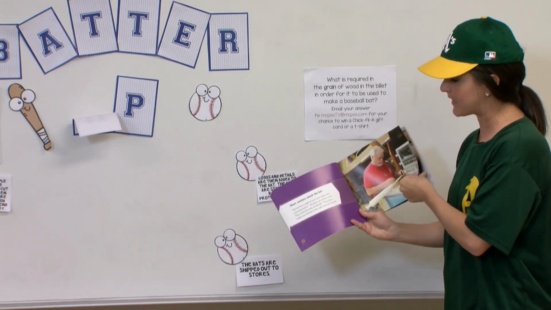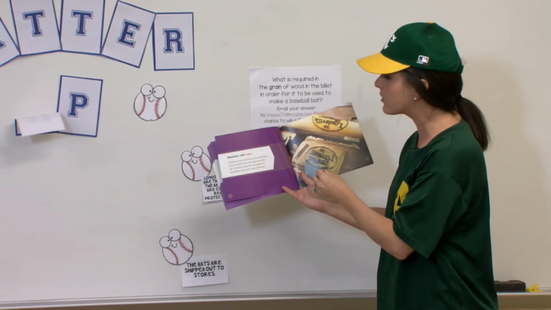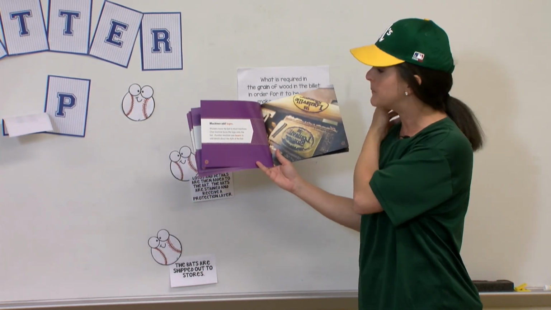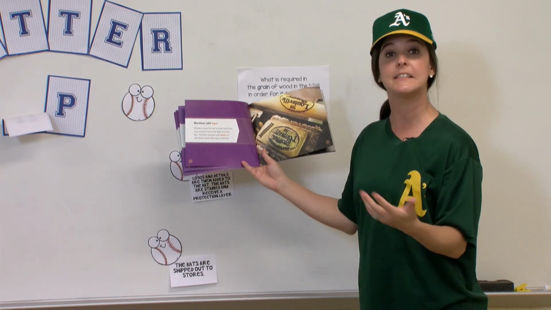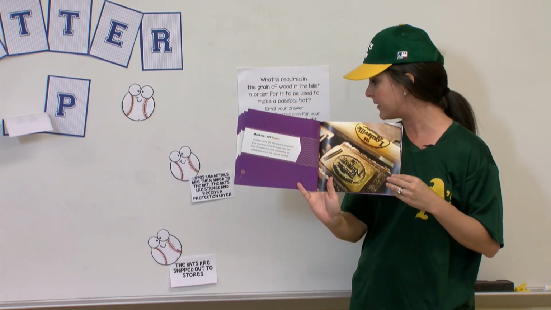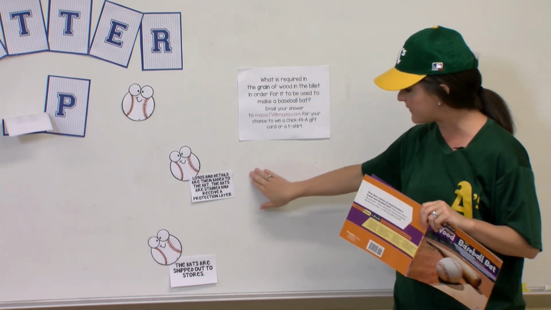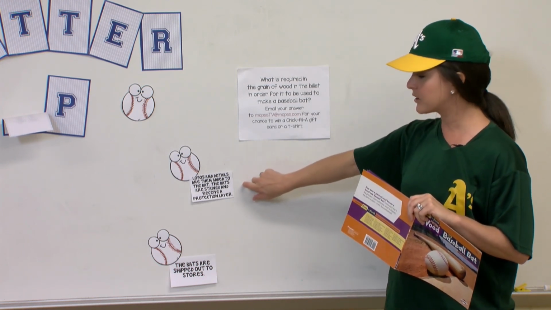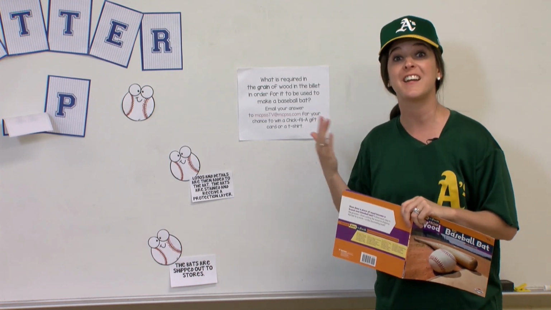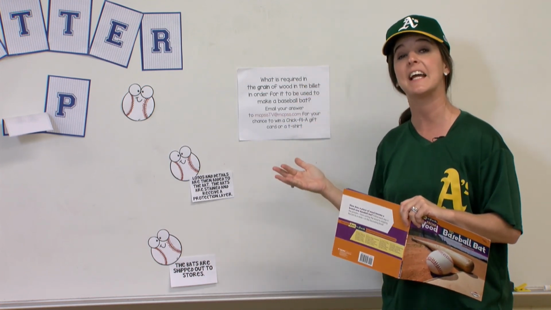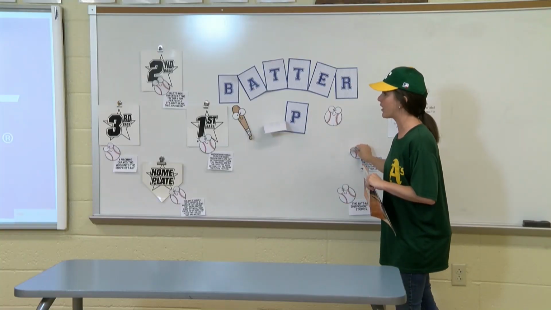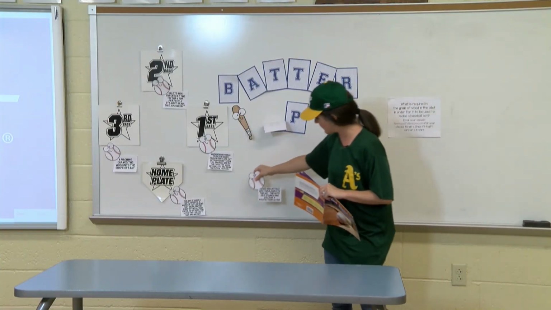All right, let's look back in our text because that's what good readers do. Okay, so next we're going to add logos. It says machines add logos and details to the style of the bat. Do we have a baseball that gives us that information? Yes, right here. Here's where it talks about it. They also included the fact that it got stained because that's what happens next after they add those logos and details. So this would be our 5th step in the process.